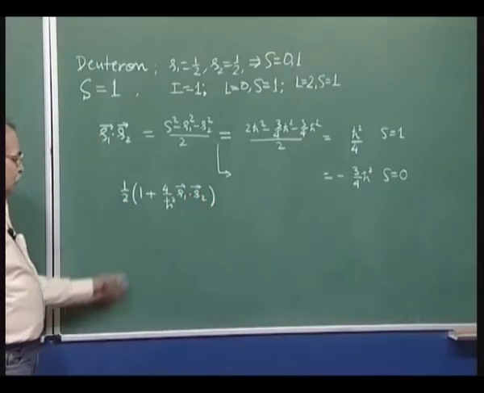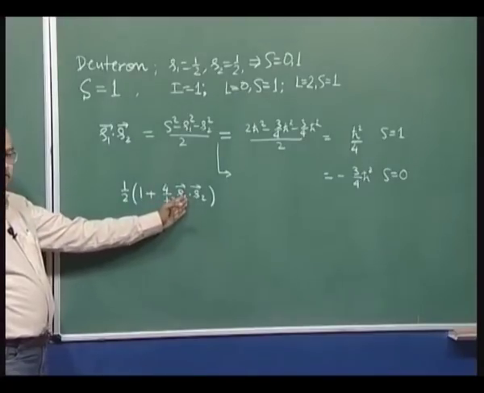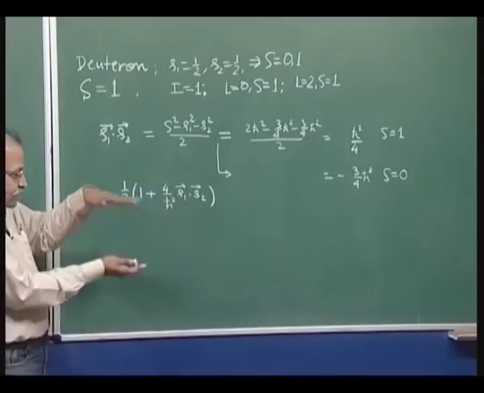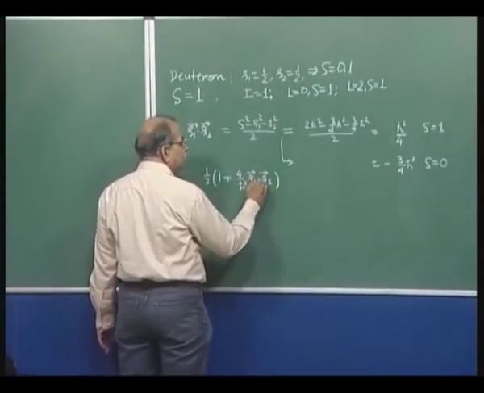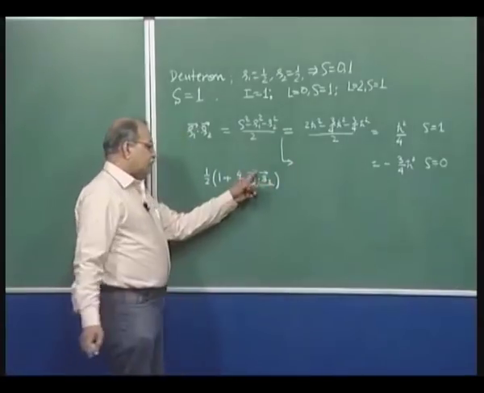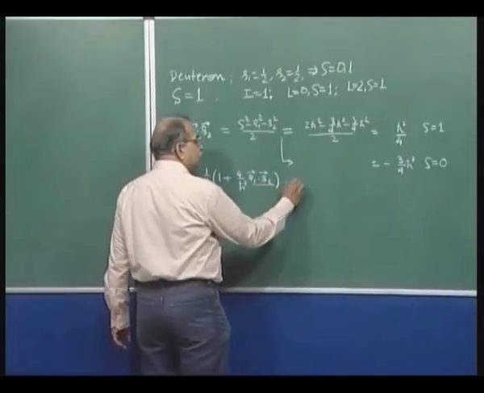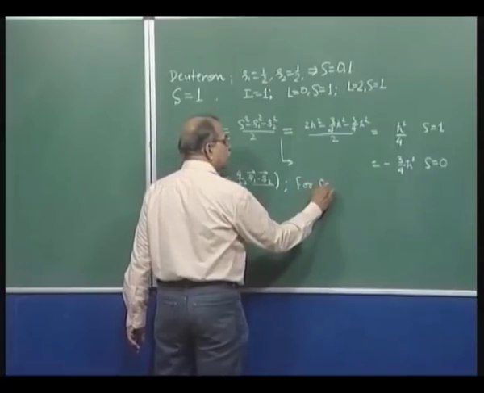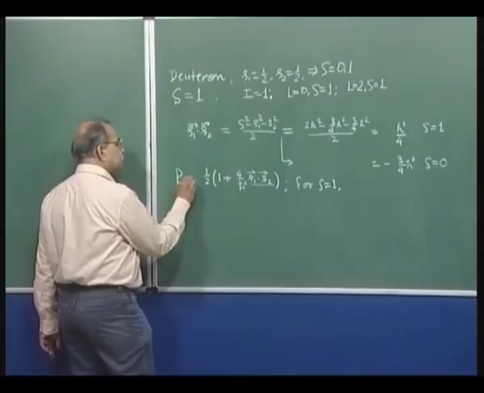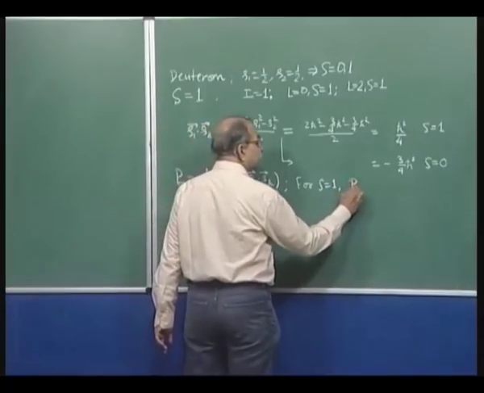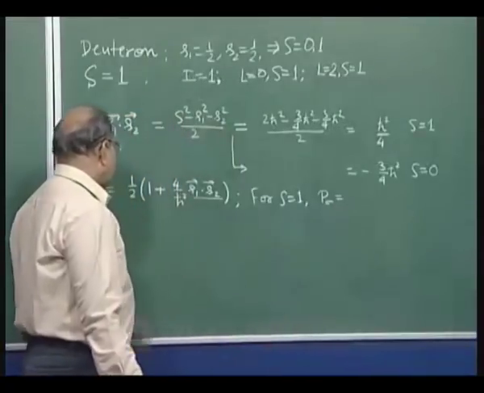Okay. If you evaluate this for capital S equal to 1 and capital S equal to 0, it shifts equally. If capital S equal to 1, then this part is h cross square by 4, right. For capital S is equal to 1, this you can call it P sigma.